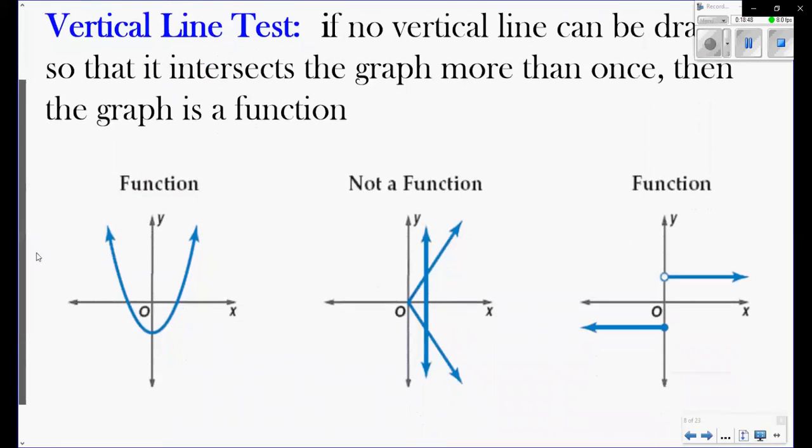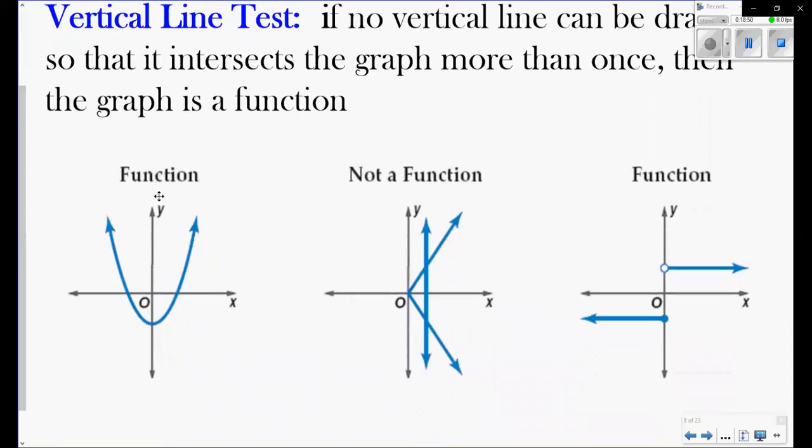If you look at these examples, this is a function, because if you were to draw a single vertical line, that line will only hit the graph once. Whereas this is not a function, because when you draw that line it hits it here and here. So if you hit a graph more than once, then it's not a function.